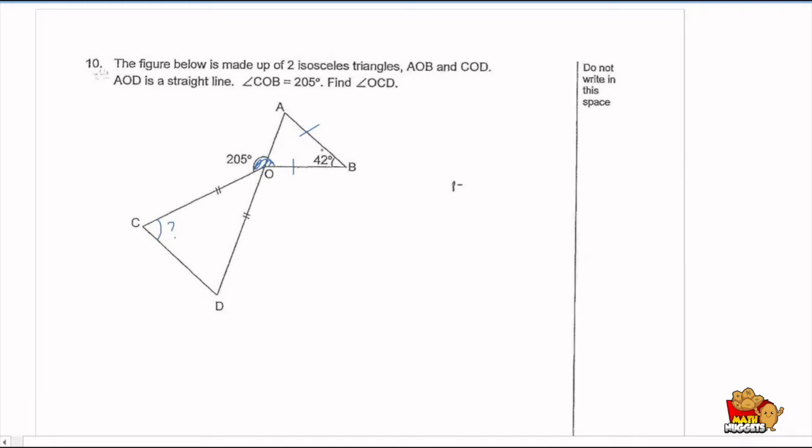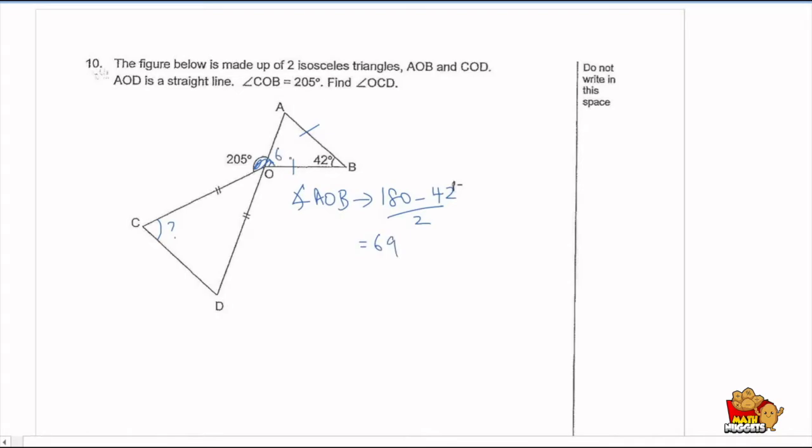First, let me make use of this smaller isosceles triangle. If this is 42, I can find out what this angle is, angle AOB. Angle AOB will be 180 minus 42 divided by 2. That gives me 69 degrees.